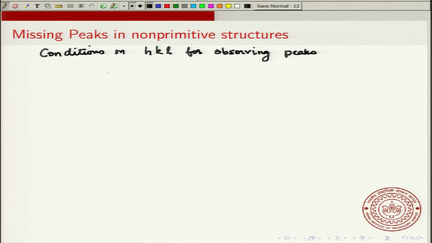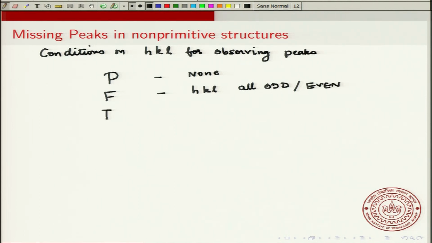So, this is for a primitive structure, there is none. Okay. For a face centered, we already saw that HKL should be all odd or all even. Okay. For a body centered cubic, okay, the condition is that h plus k plus L should be even.